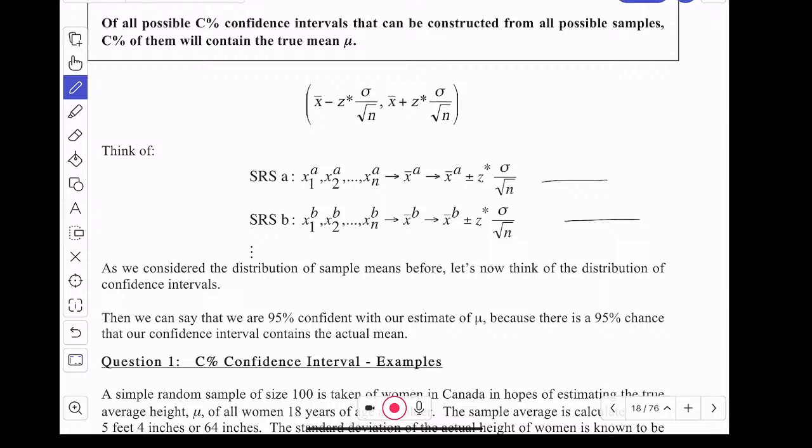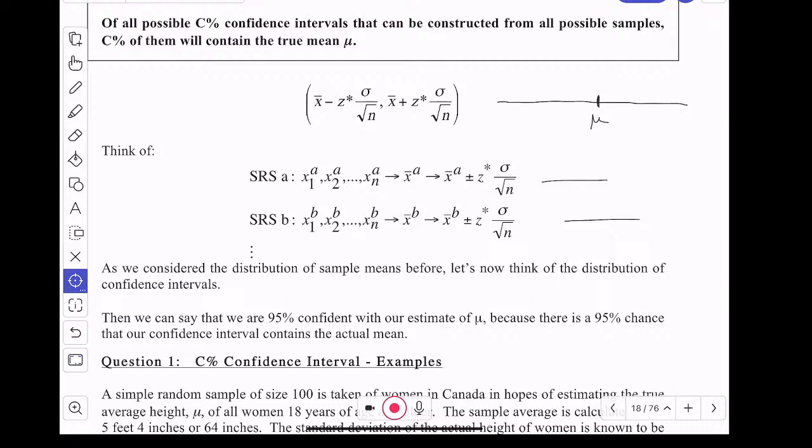What's our goal? Here's a number line, and let's say the true mean is actually here. So I'm trying to get an estimate of the true mean. So this is one confidence interval where the true mean fits. Here's another confidence interval where the true mean fits.